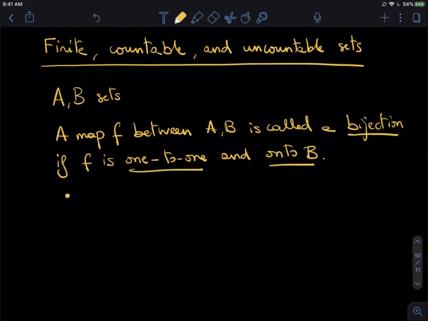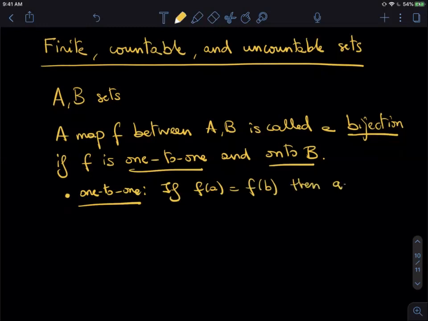What does it mean to be 1-to-1? This means that if f of A equals f of B, then A equals B. And this has to be true for all A, B in A.